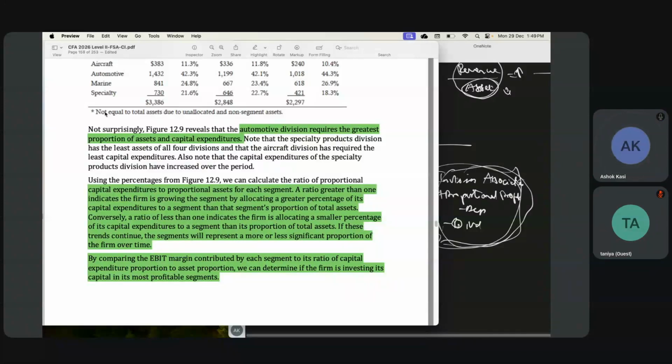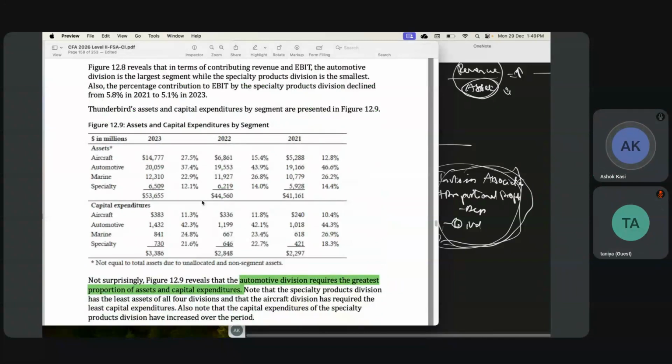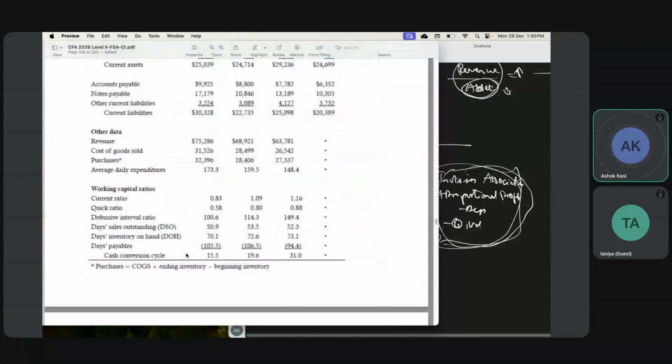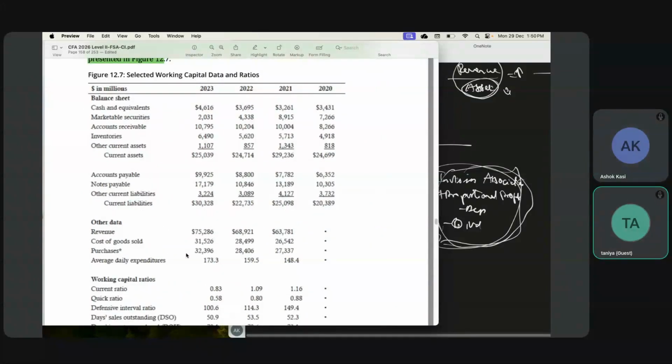Here, this line, have you understood? Not equal to total assets, because apart from this, they must be investing in all others. Just add up all this. Like here, this is assets and this is capital expenditures. So it will not match the total assets. Where is the total assets, current assets, then current liabilities?